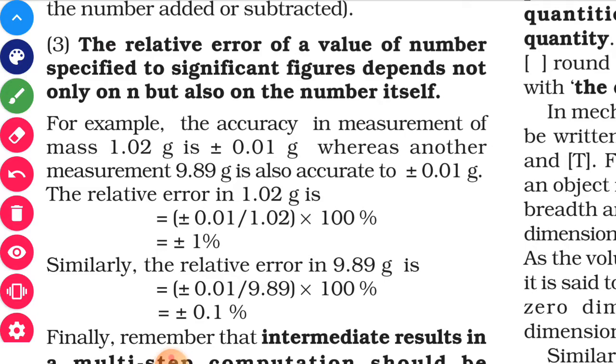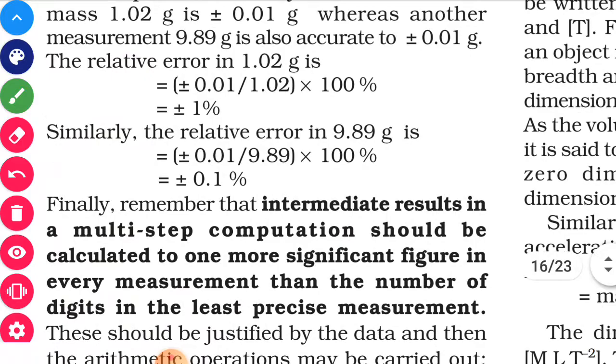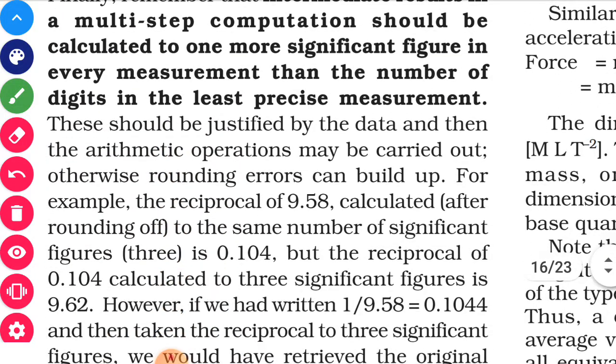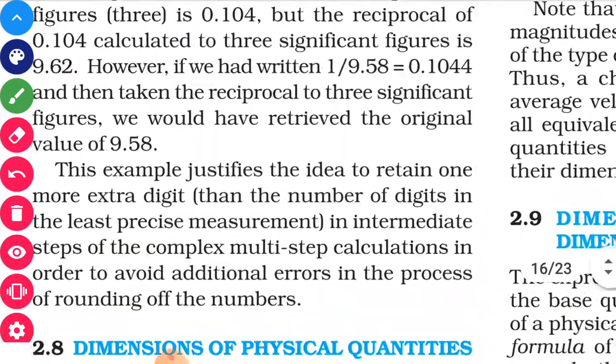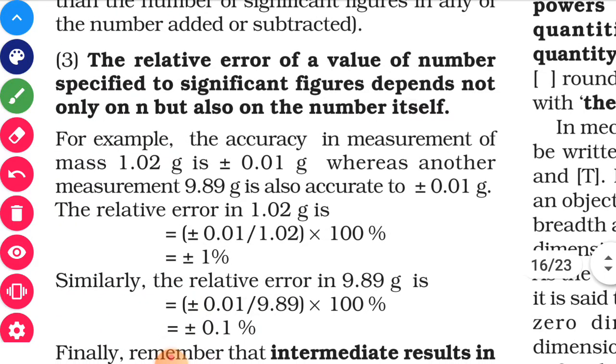The relative error of a value of a number specified to n significant figures depends not only on n but also on the number itself. These are the things that can be discussed whenever the experimental studies begin, so you can have a better understanding at that time, because we have to explain this by taking the observations in the laboratory.